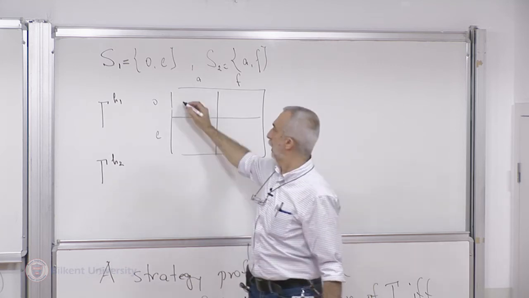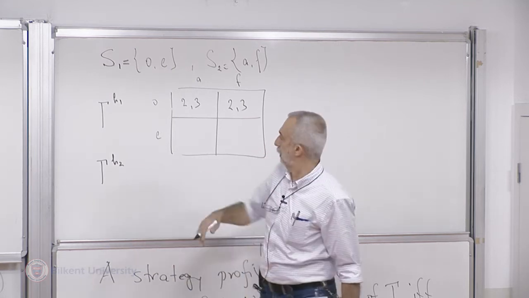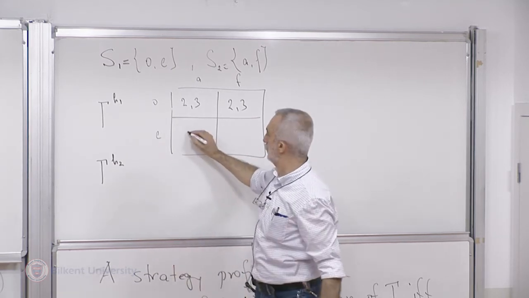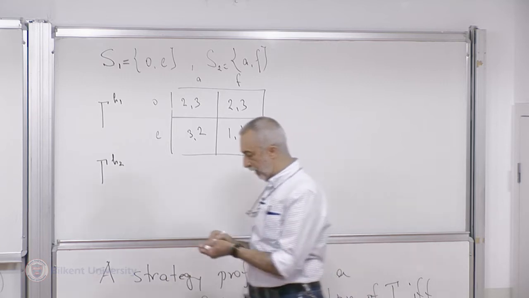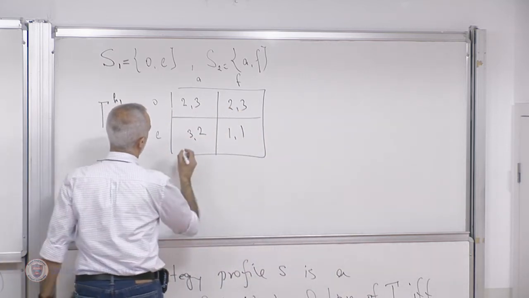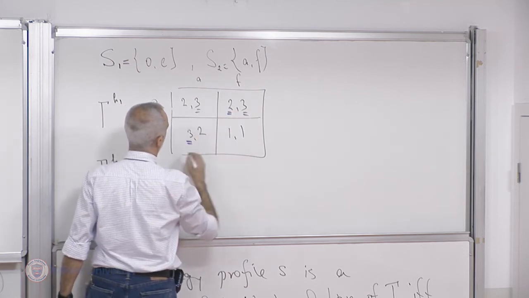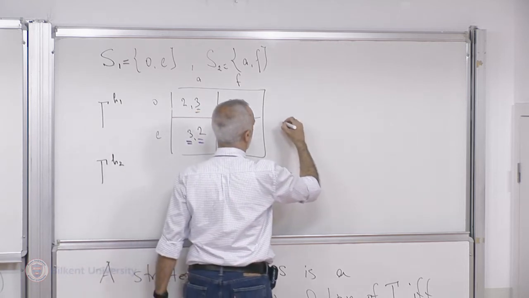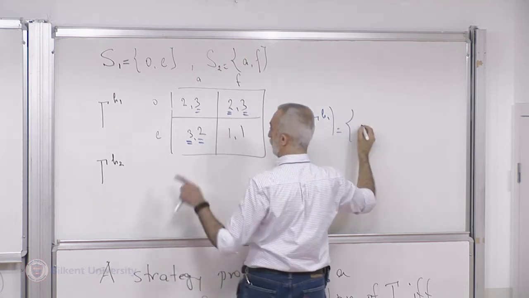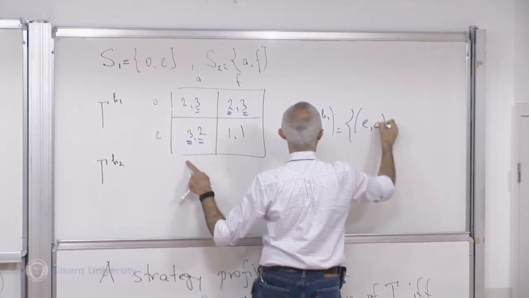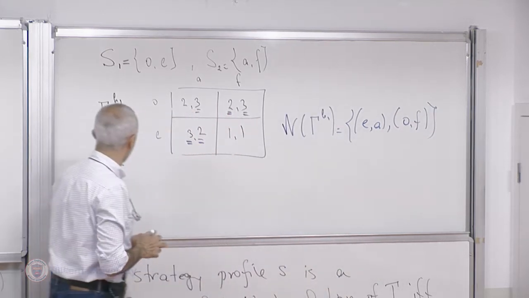Okay, so that was 2, 3, 2, 3. And then enter, accommodate, 3, 2. Enter, fight, 1, 1. So we find the Nash solutions of this game by finding best responses. So both of them are best responses. So from here, we see that the Nash solutions of gamma H1, which is the original game, are E, A and O, F, which we already had.